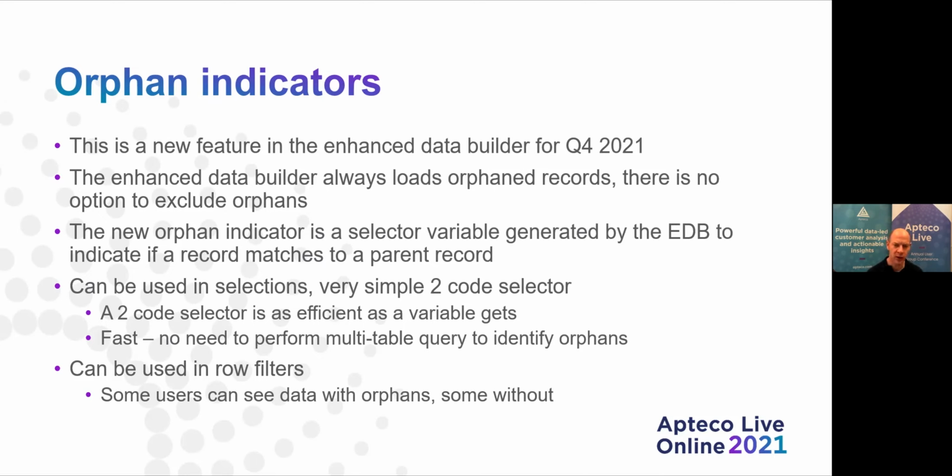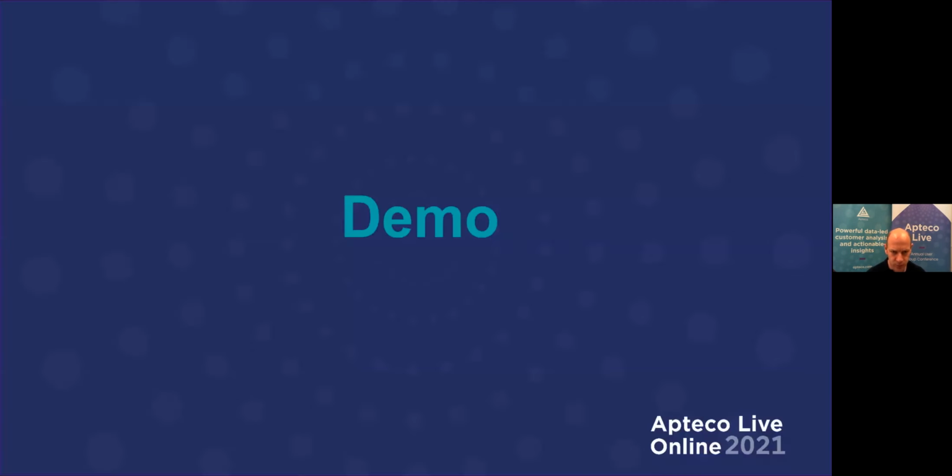So hopefully, by using these orphan indicators, we can give you the best of both worlds, where you're loading the orphans using the enhanced data builder and using deltas, but when it comes to your users, you can present the system with orphans or without orphans.